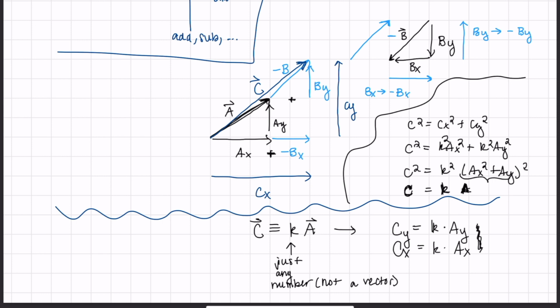So the only thing else that I would say, just putting it all together, the last stage would be if you had a problem that did all of these things. So if we had 3A plus 4B is going to be C, and we just want to know CX and CY in terms of AX, AY, BX, BY, we would have 3AX plus 4BX equals CX.